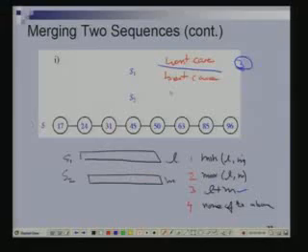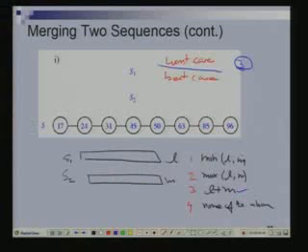Best case, what is the best case in your opinion? Okay, so best case, it's not really clear what I'm trying to say by best case, right? Because what might happen is that if one of the sequences finishes, then I can just copy the next one. So even the copying requires time, right?